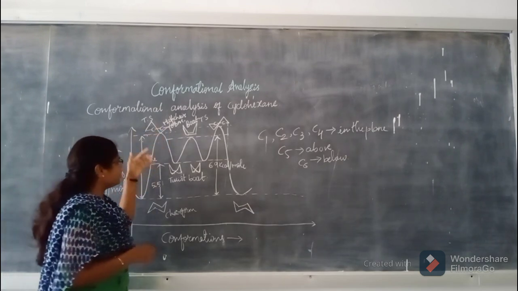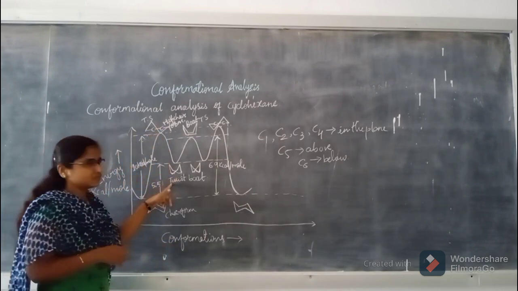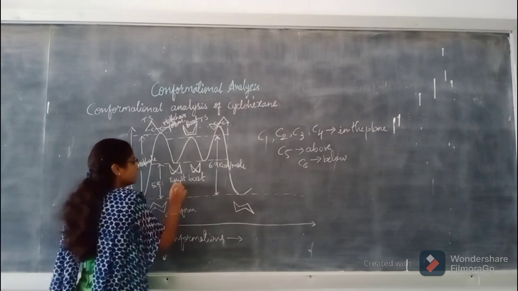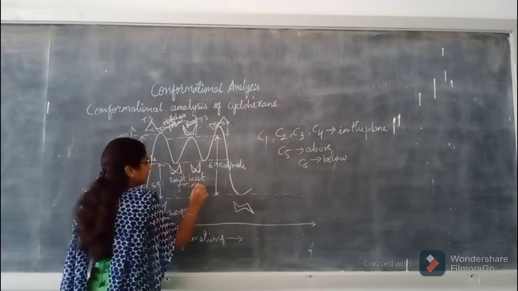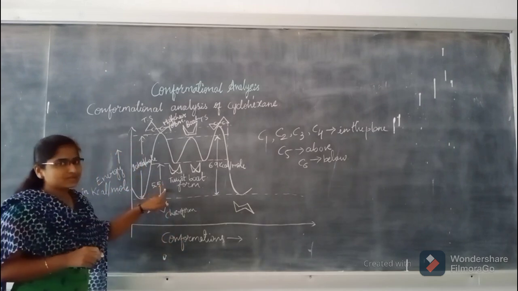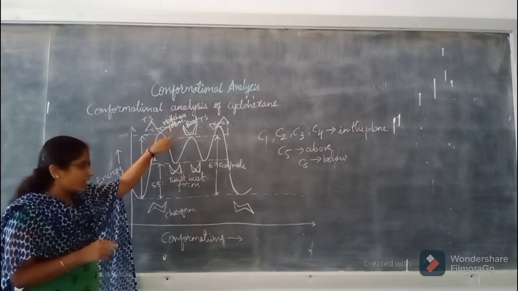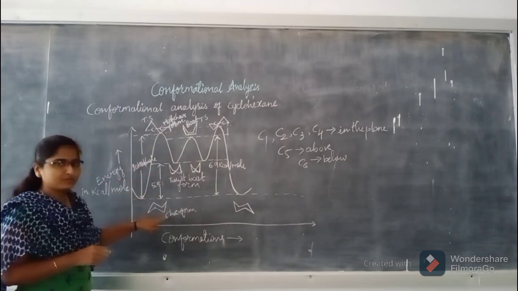Moving to the other conformations, you are getting the twist boat conformations, or you can say twist boat forms. Here these twist boat forms are at the lower energy level and they are more stable when compared to this boat form, and they are less stable when compared to your chair form. Why?